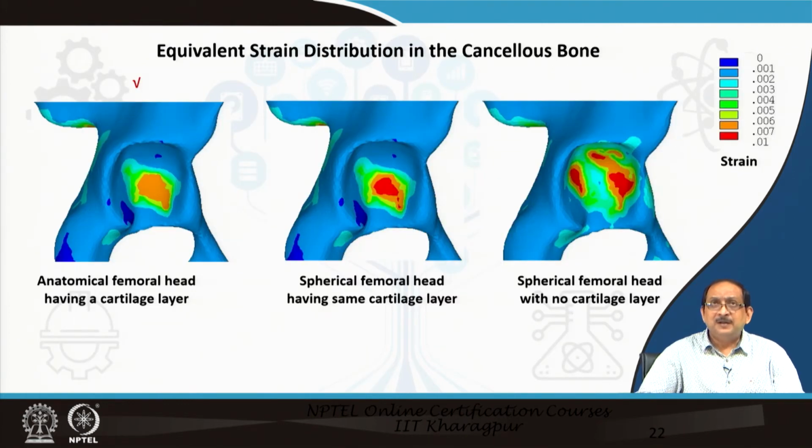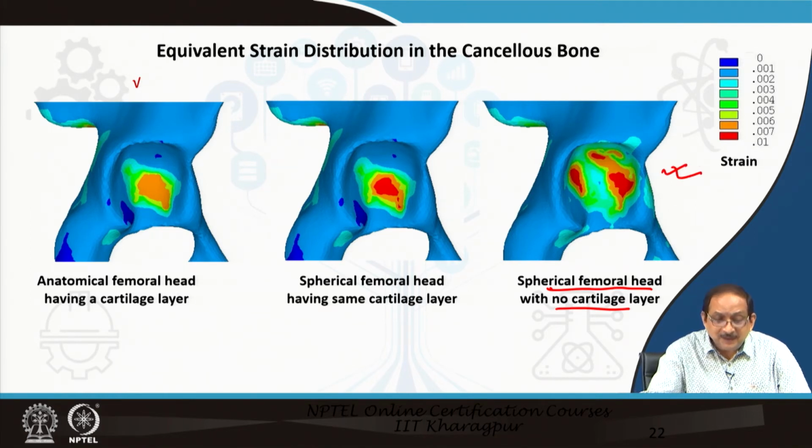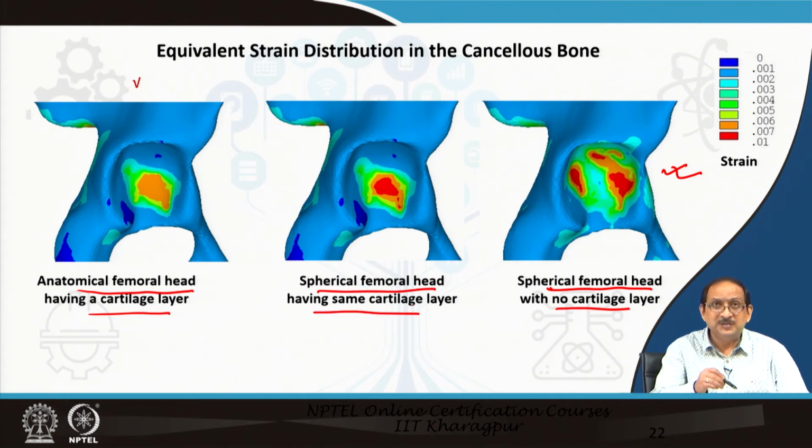Now, if we compare the equivalent strain distribution in the cancellous bone, here also we see that the strains corresponding to the spherical femoral head without the cartilage layer is higher than the anatomical femoral head with cartilage layer and spherical femoral head with the same cartilage layer.